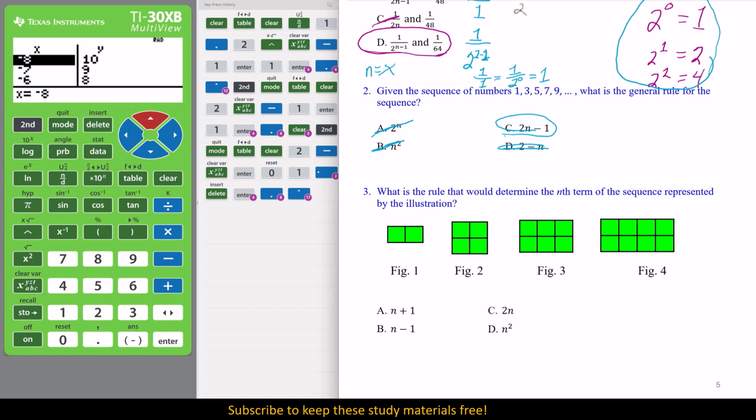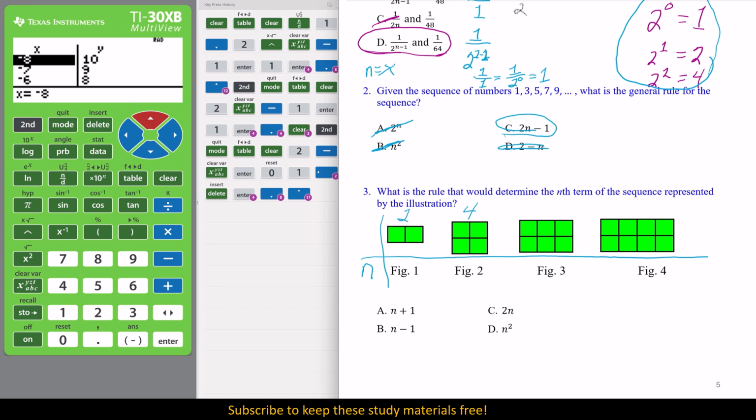Okay, I see my figure. That is my nth term, 1, 2, 3, 4. But then my actual values are 2, then 4. I'll write that 2 up. Let's be consistent here.